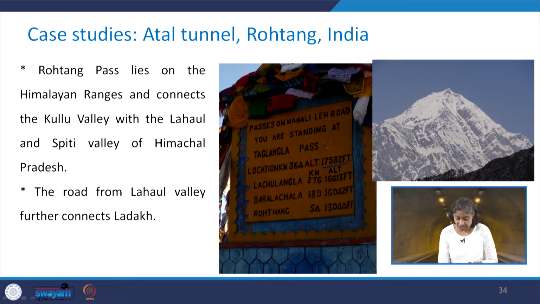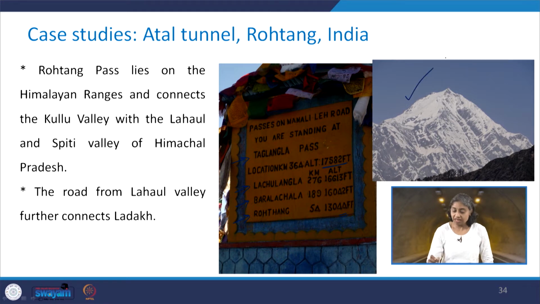And then we have the Rohtang Pass, whose altitude is much less as compared to other passes, which is 13,044 feet. But this is one of the most notorious passes in that zone because of the random and unpredictable weather condition.